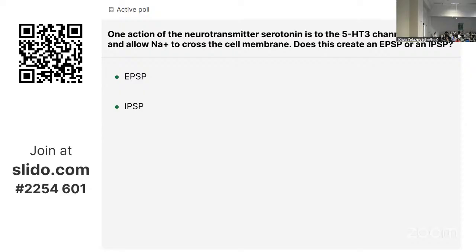So the last time we learned about postsynaptic potentials, our excitatory and inhibitory postsynaptic potentials. So our test first is going to be to determine, is this going to create an excitatory postsynaptic potential or an inhibitory postsynaptic potential in our next cell, in our next neuron, in that postsynaptic cell.